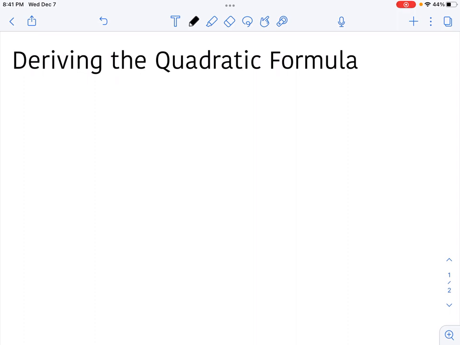So the first thing I want to say is that if you look at the quadratic formula, and I'm not going to write it out because we're going to come up with it in a minute, it's dealing with quadratic equations, which deal with the form ax squared plus bx plus c, right?